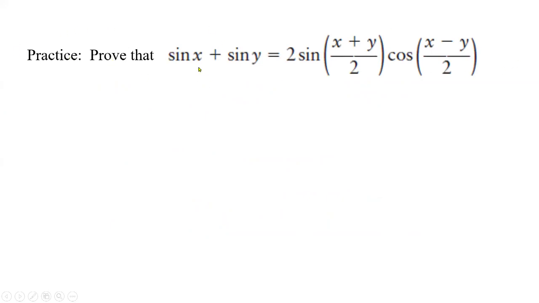Prove that sine x plus sine y equals twice of sine half of the sum of x and y times cosine half of the difference between x and y. Okay, I'll give you 2 minutes to think about this question.